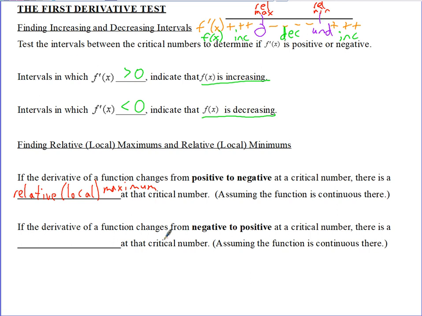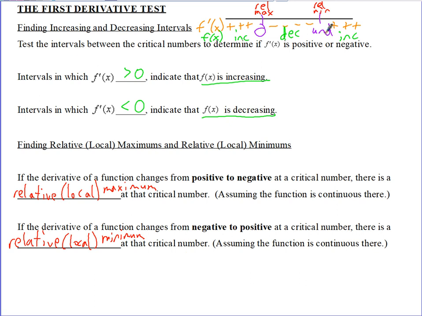And same thing if the derivative of a function changes from negative to positive, like it does right here, at a critical number, there's a relative or local minimum. At that critical number. Remember, critical numbers are where the first derivative is 0 or undefined.